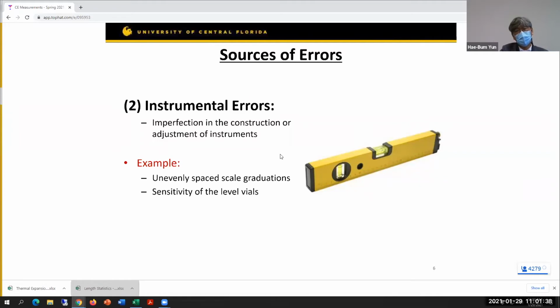Of course, if you pay more money, you will have more precise instruments. So knowing the instrumental error range is very important. Examples include unevenly spaced scale graduation and the sensitivity of the level vials.